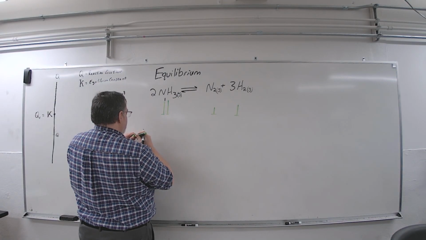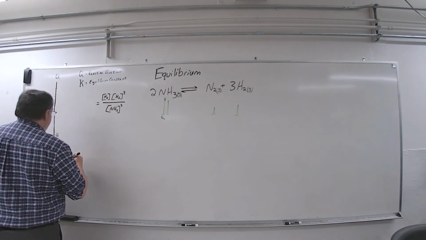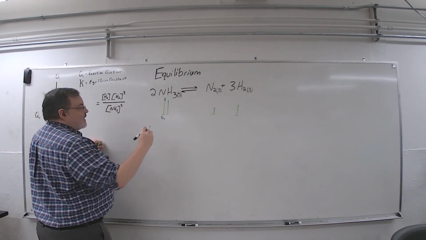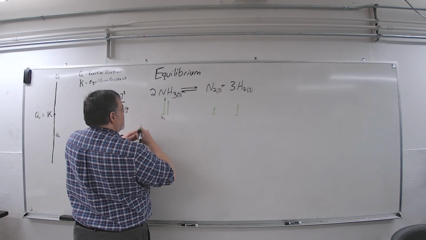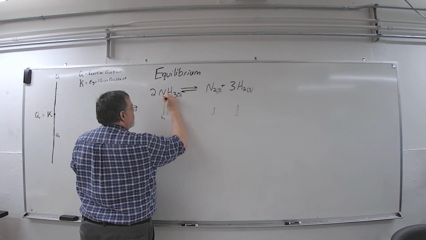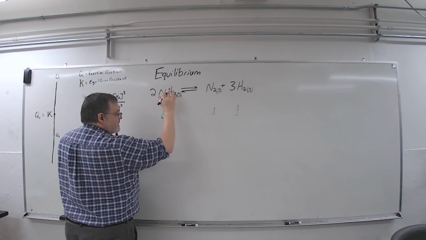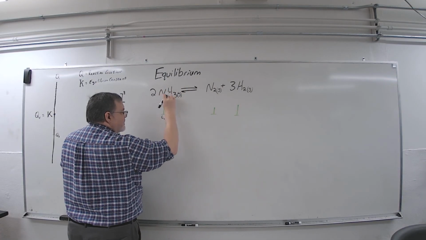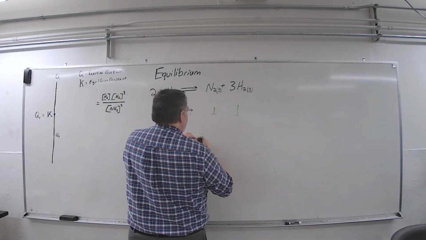So let's call that Q1 as soon as we did that. Q1. A little time goes by. And some of this NH3 starts becoming product. So the amount of NH3 starts to go down. I'll call that Q2.